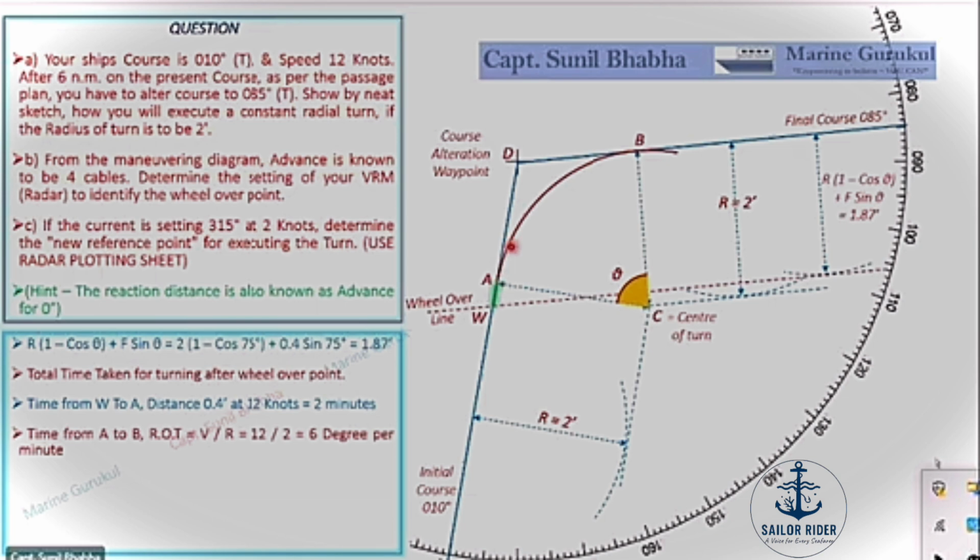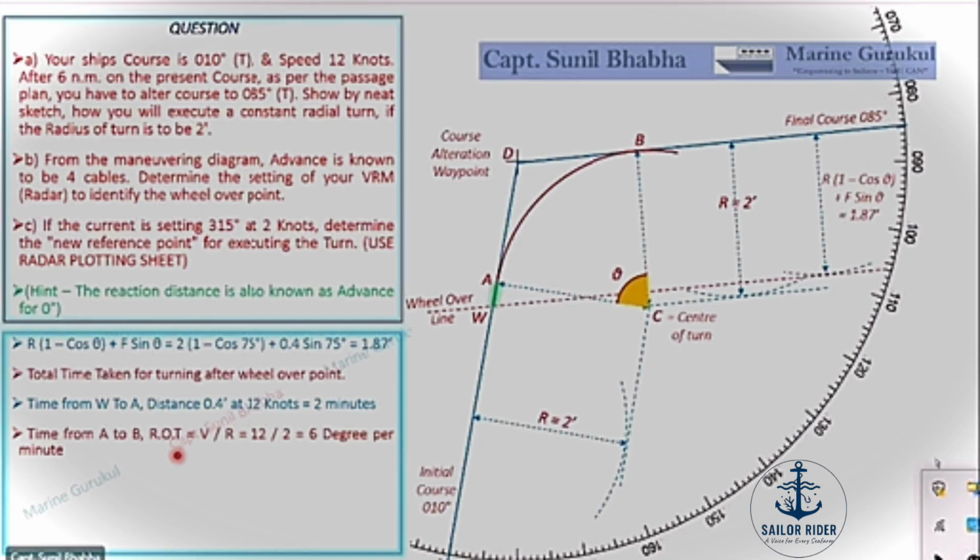Now from Alpha to Bravo. Going from Alpha to Bravo, we are making an alteration of 75 degrees. Now when we are going from Alpha to Bravo, the speed of the ship is 12 knots. It is given in the question. The ship speed is 12 knots and the radius of the turn is 2 nautical miles.